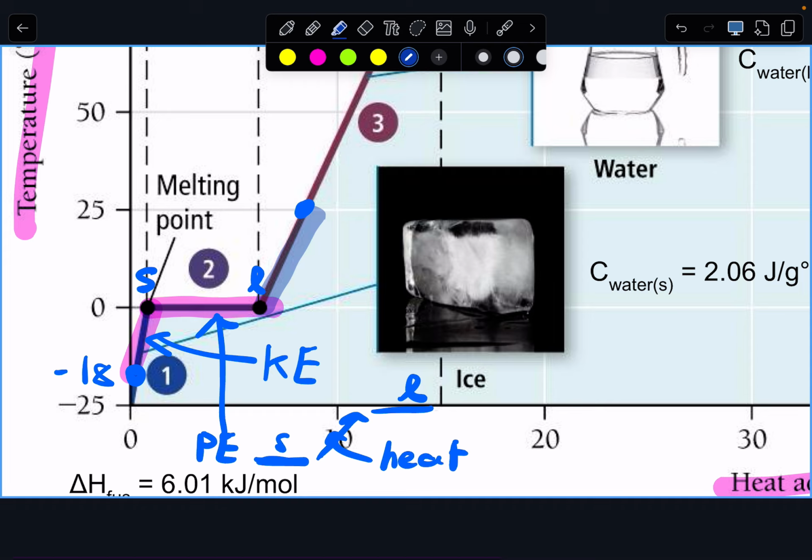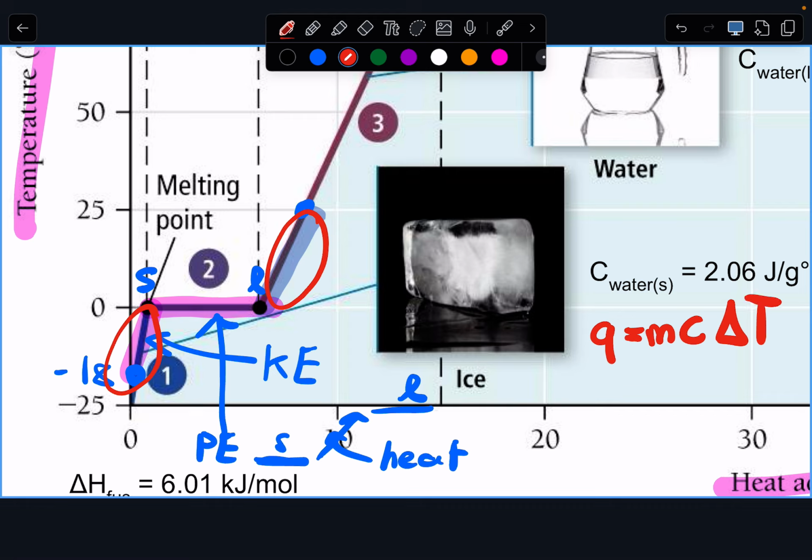So it is a distinct, separate process of heating up the sample, having the phase change occur, and then heating up the sample more. And related to that is how we do those calculations. We've done both of these types of calculations already. The heating-up portions are the Q equals MC delta T that we did in chapter 7.